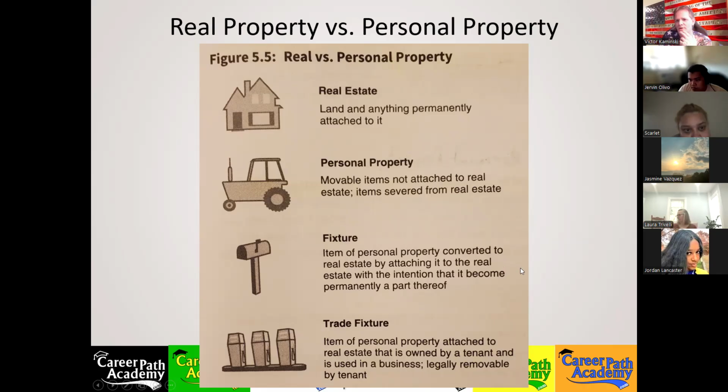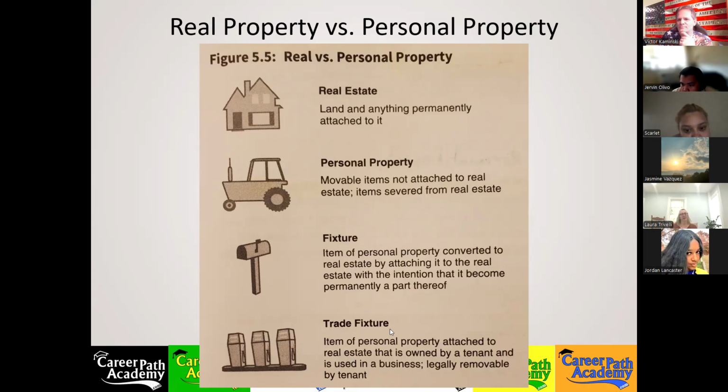Chandelier is personal property. But now you bolt it to the ceiling, you hardwire it to the electrical, it's now part of the real estate. Same thing with the toilet and your sink and your kitchen cabinets. Those are fixtures. They were once personal property that have been affixed to the property in such a manner they become part of the real estate.